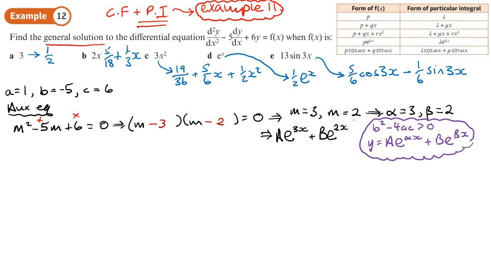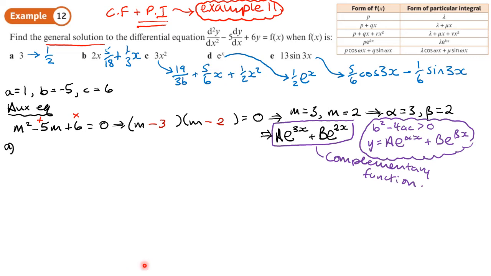Okay, so this thing that we've written down here is called the complementary function, and that was from the working that we did in the previous section. So all I need to do now for each answer is to add this complementary function to each particular integral.